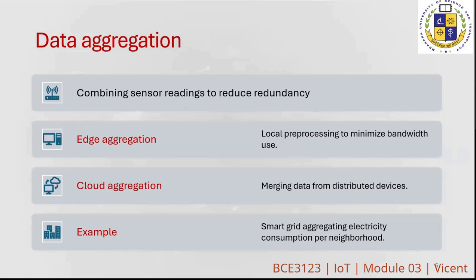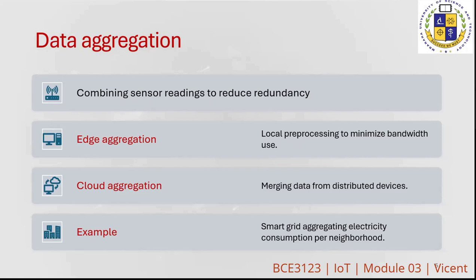This is what I explained from the previous slide: instead of sending each and every current or voltage reading, you wait until the end of the month, you aggregate, and then you send these averages, totals, and consumption trends, so that the utility company can know your consumption trends and be able to advise you.